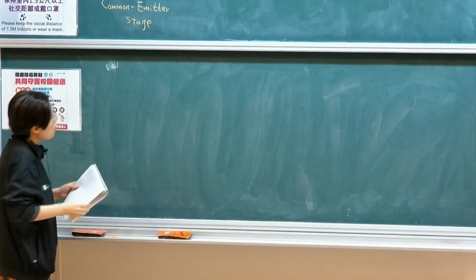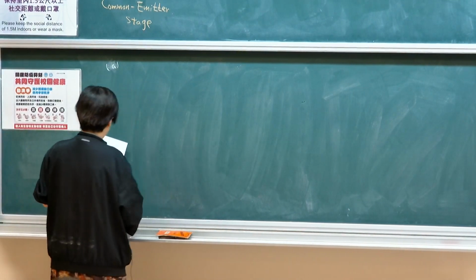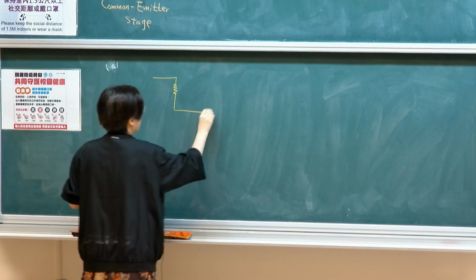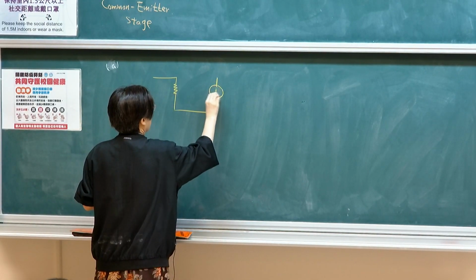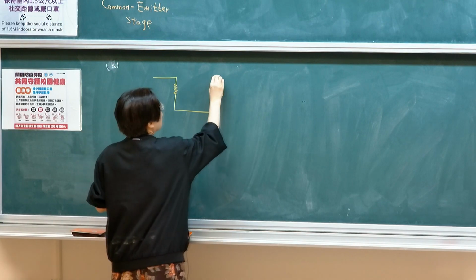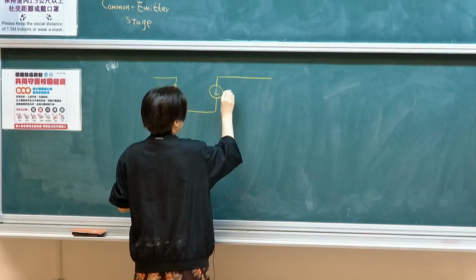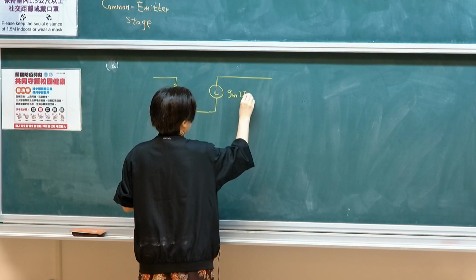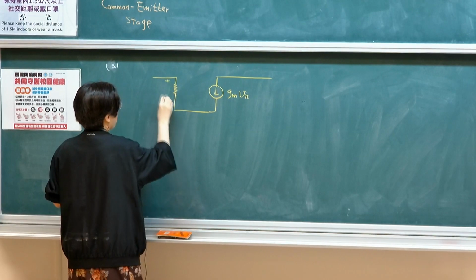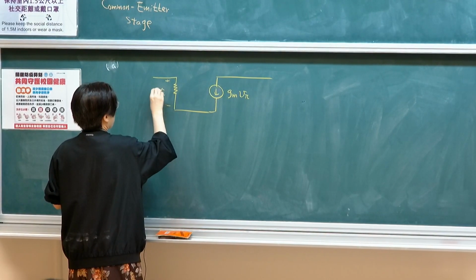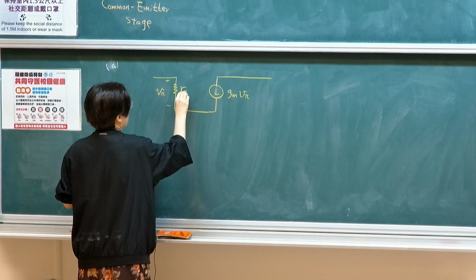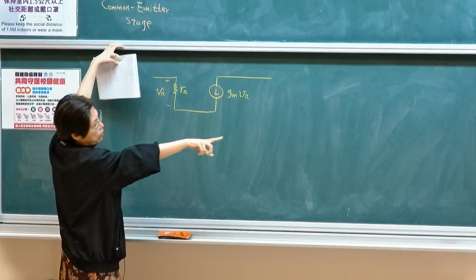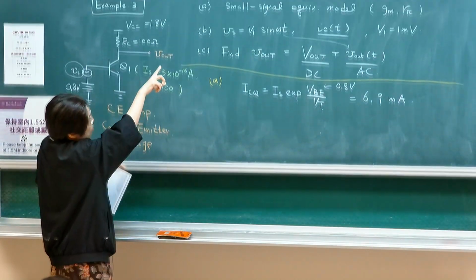So our small signal model will look something like this. Remember, I have my base. So this is GM. In this, we need to find out two of the parameters that we need to build our small signal model.